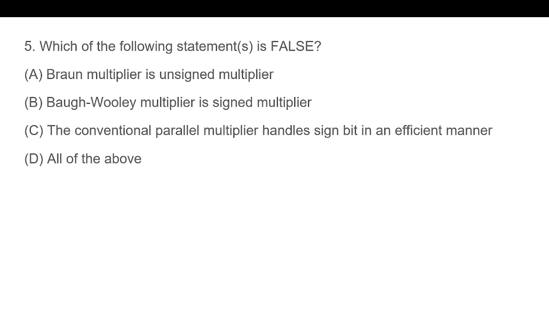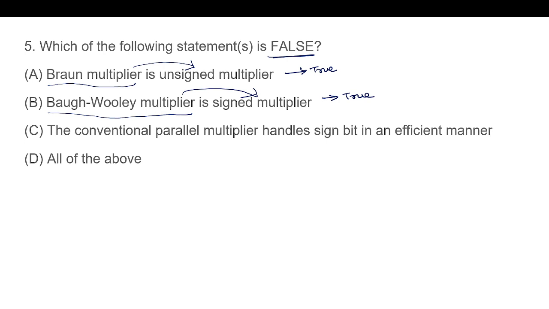Next question. Which of the statements is false? In the previous class we discussed the Braun multiplier, which is for unsigned numbers, and in this class we have discussed the Baugh-Wooley multiplier, which is for signed multiplication. So this statement is true, and this statement is also true.